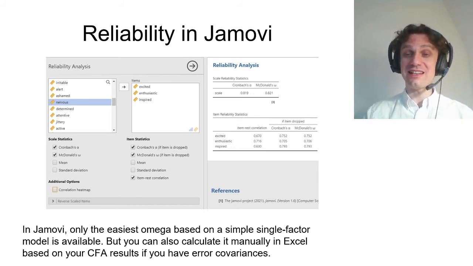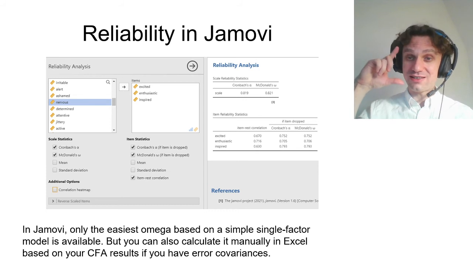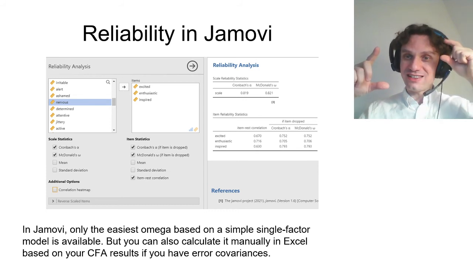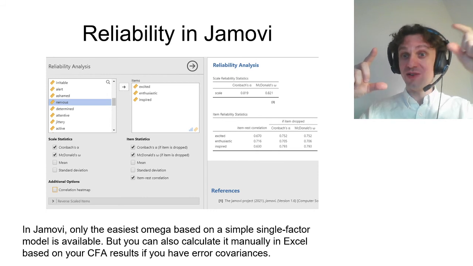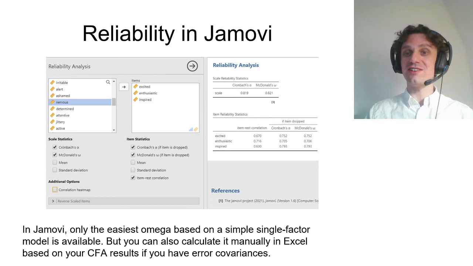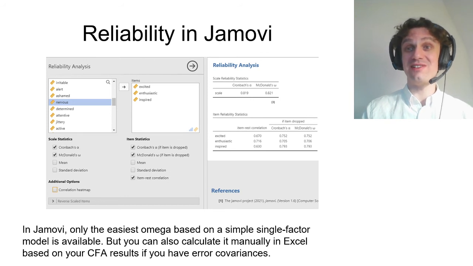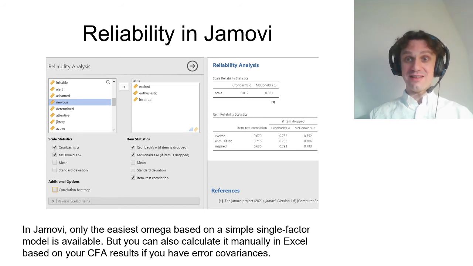For very complicated models like bifactor model, there are different types of this omega which separate, for example, the variance that is general, the variance that is only shared by specific items belonging to a specific factor, with contribution or without contribution of this general factor. But these are all details. If you just want to compute a simple McDonald's omega, it's available also in Jamovi.